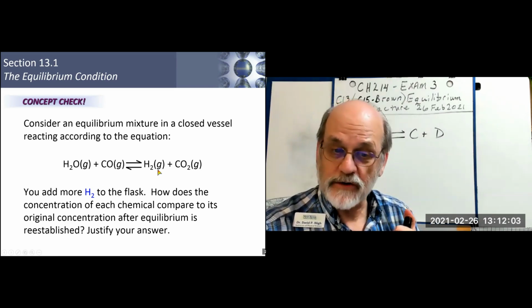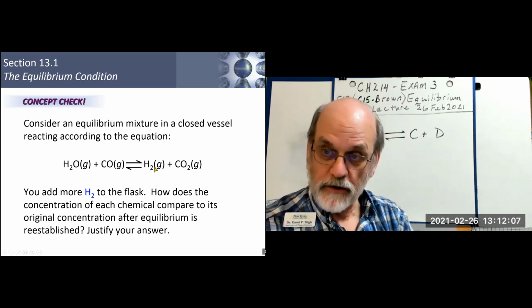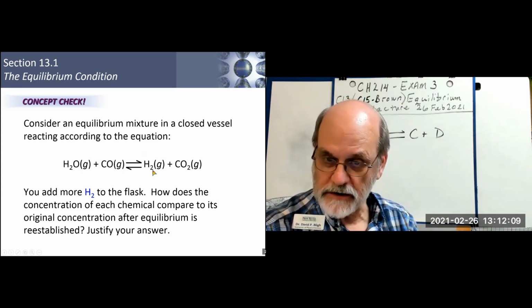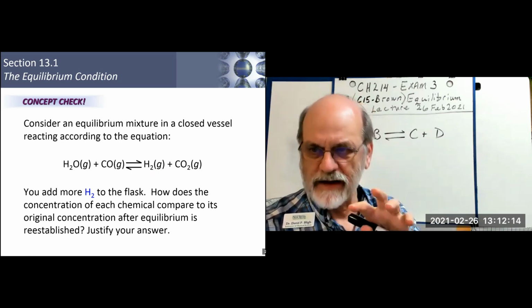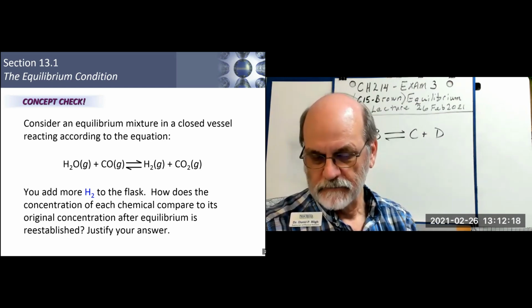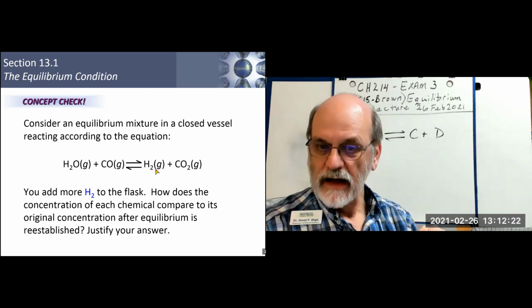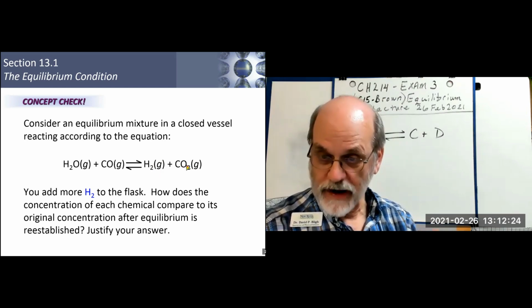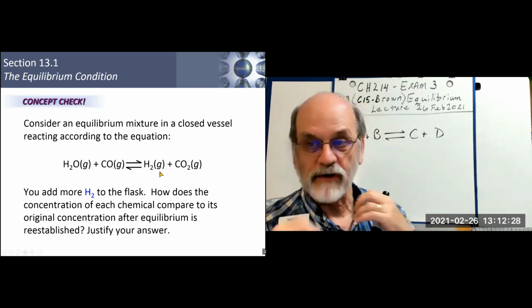What if we added hydrogen? That would tend to favor a reverse reaction. If you add more hydrogen, now you've got excess and you've unbalanced the reaction equilibrium by adding this component. And some of that is going to react with carbon dioxide until the balance is reestablished.